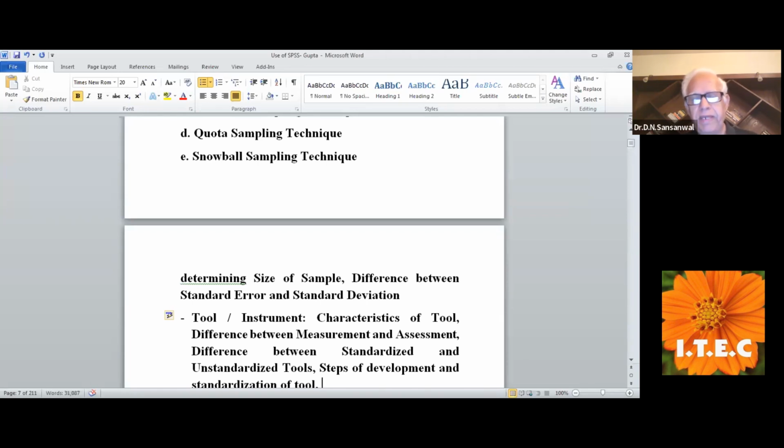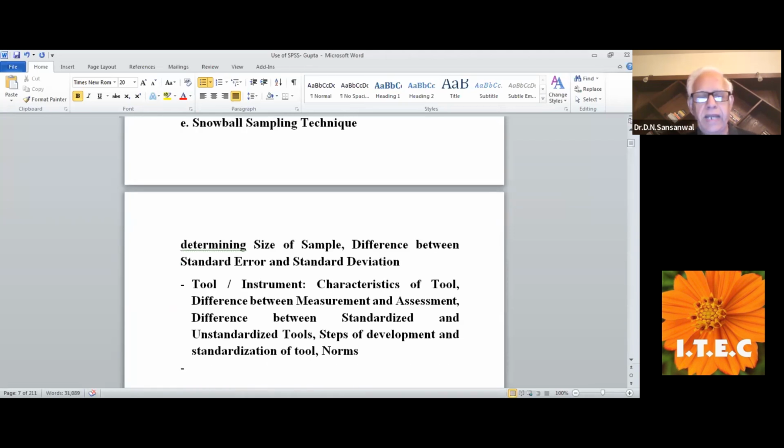And I will be talking about the norms. And then I will talk about the methods of research. I will not be talking about the philosophical method because there is nothing to talk about it.